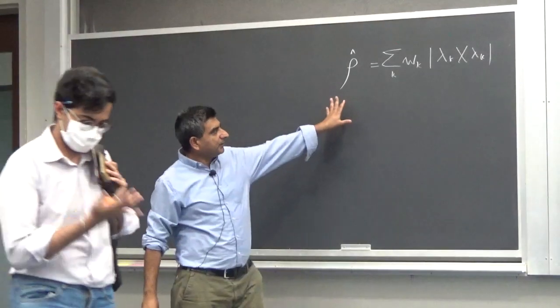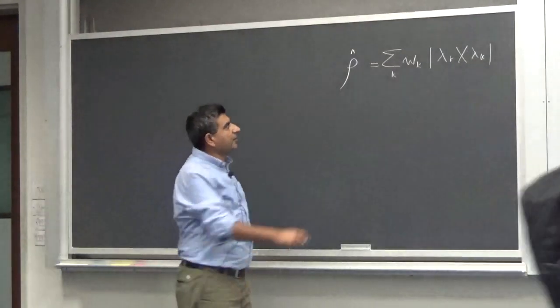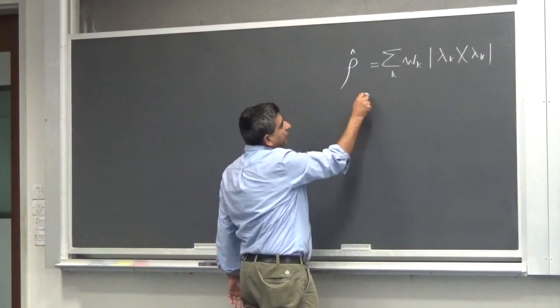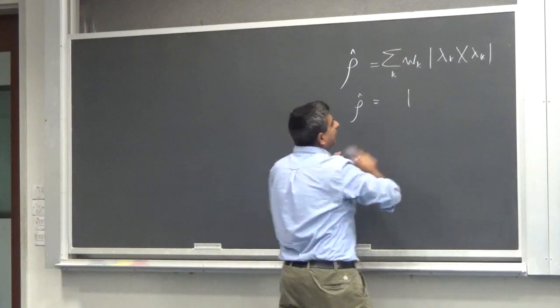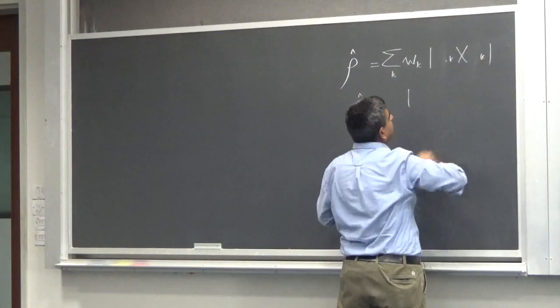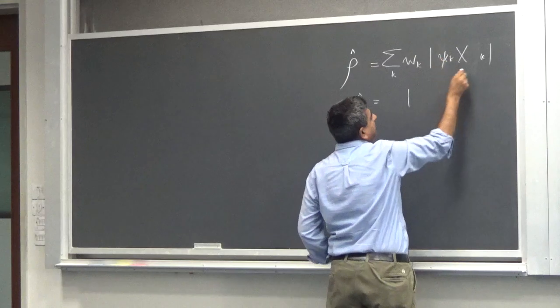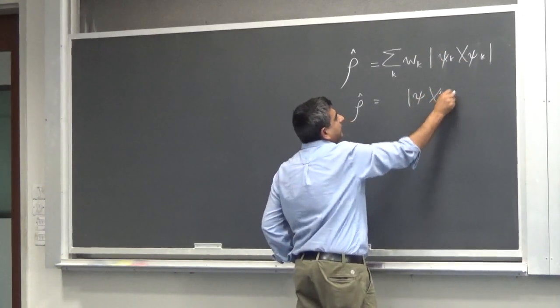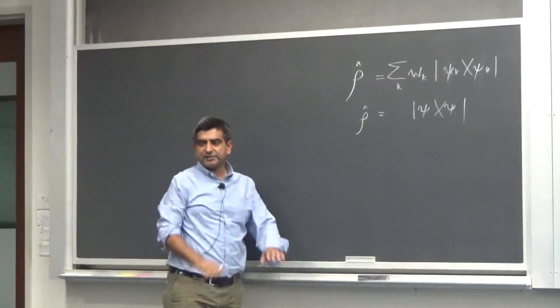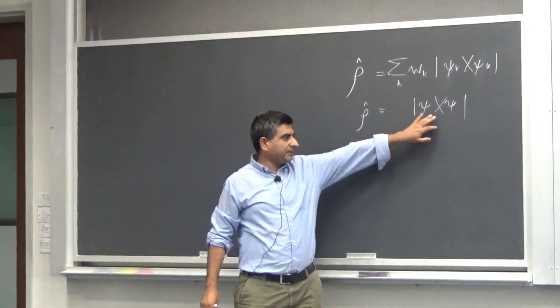So this is an example of a general density matrix. For a pure quantum state, we know that it can be written as, I think I used the notation psi in my previous lectures, so I'll stick to that. This is a pure quantum state, just one ket with its bra.